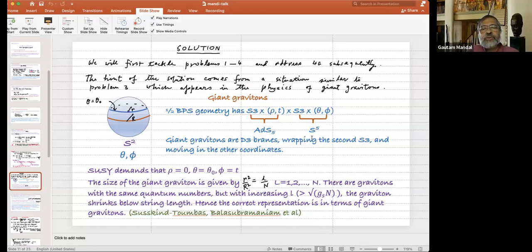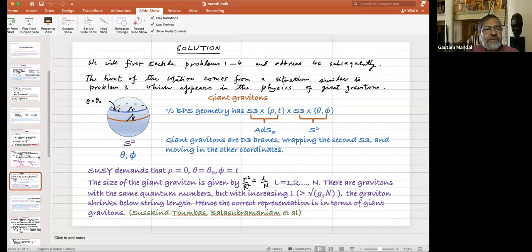It moves in these coordinates rho, t, theta, phi, and supersymmetry further demands that rho is frozen to be rho equal to 0. That's the tip of the AdS5 space. On S5, the motion is essentially in the theta, phi directions.